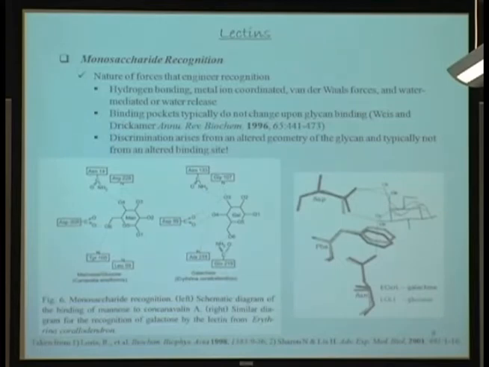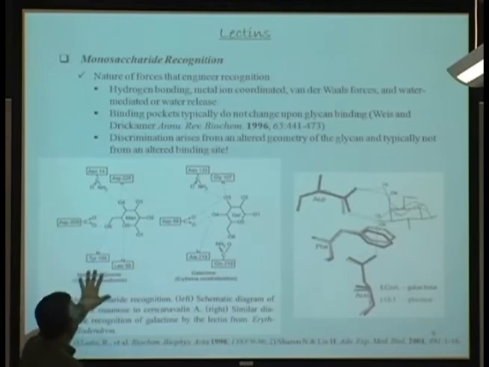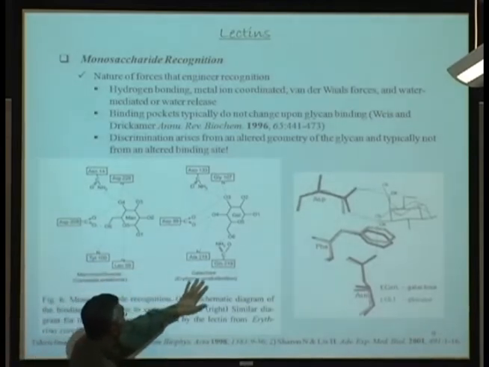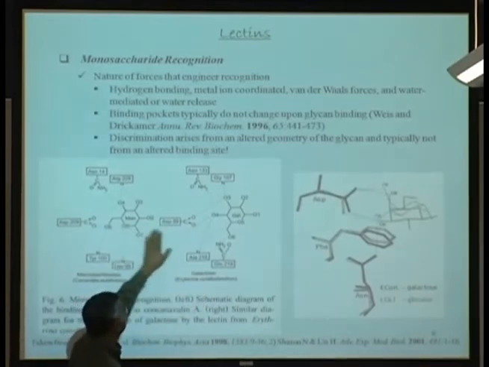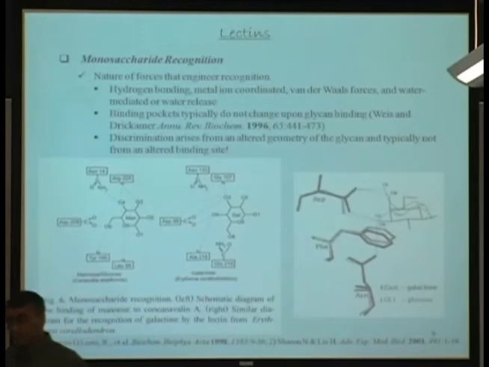Here, this is a structure of one particular lectin, and this is a structure of the second lectin. This is mannose versus this is galactose. In essence, the binding site corresponding residues are very similar. Although the binding site is significantly similar for two different lectins, the way in which it recognizes these residues is different.